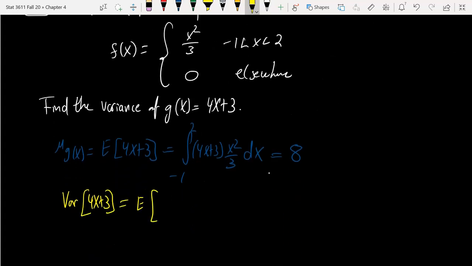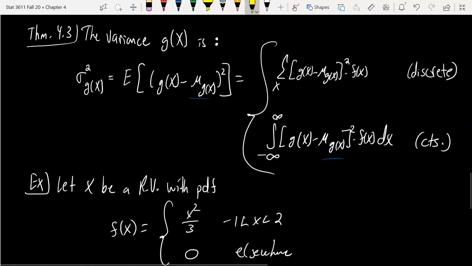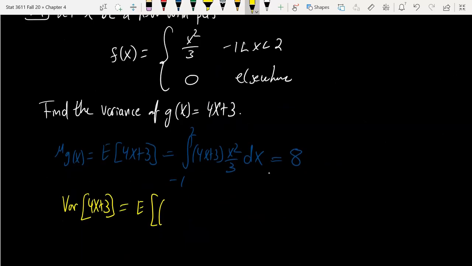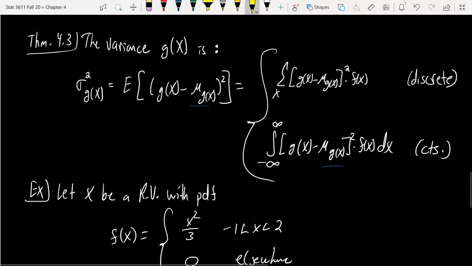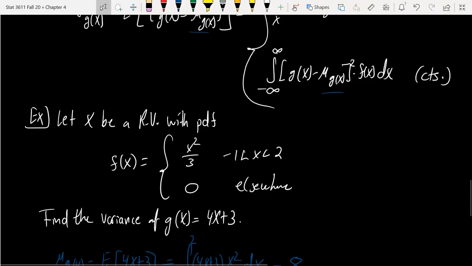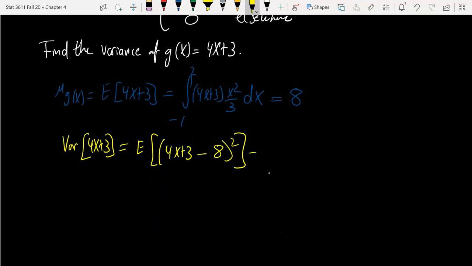This is the expected value of g of x minus the mean, so the expected value of 4x plus 3 minus the mean, squared. Expected value of g of x minus mu, quantity squared. That is the expected value of 4x plus 3 minus 8, so the expected value of 4x minus 5, squared.